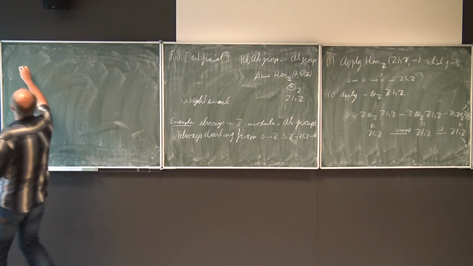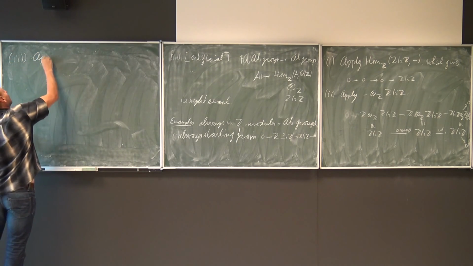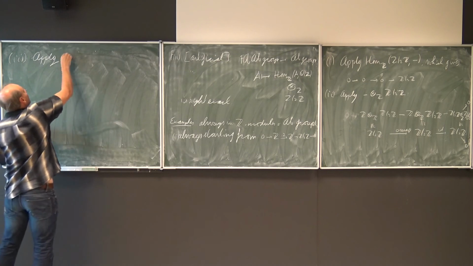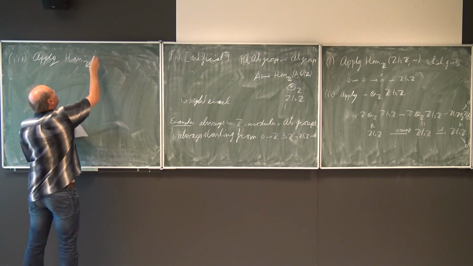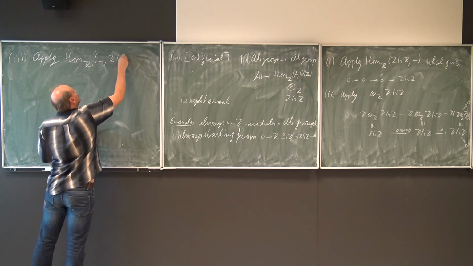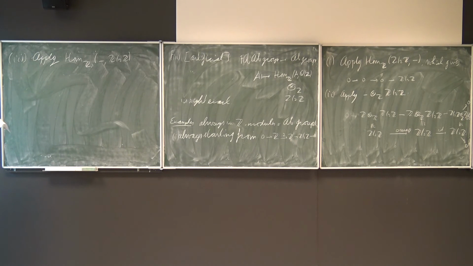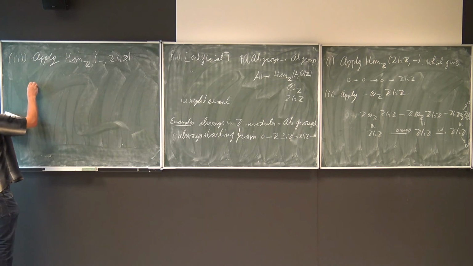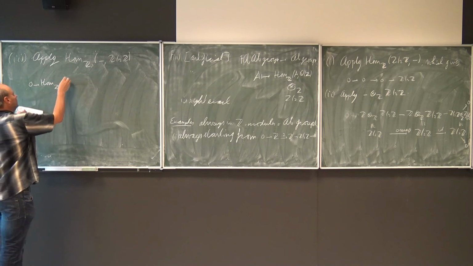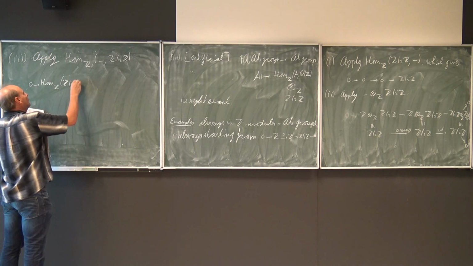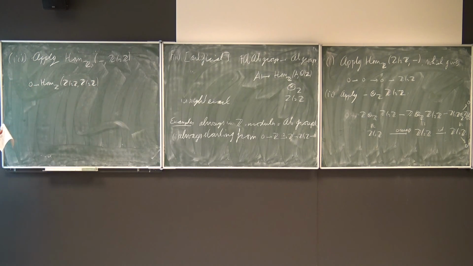Okay, for the third example, I apply Hom_Z into Z modulo 2Z. And so I'm claiming that the following should be exact. Okay, so in this case, all the arrows are reversed.